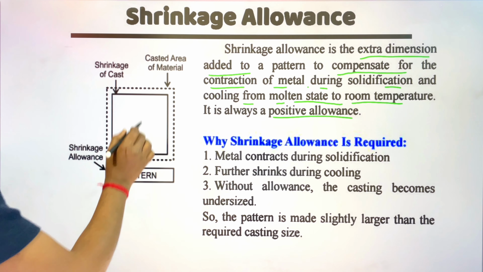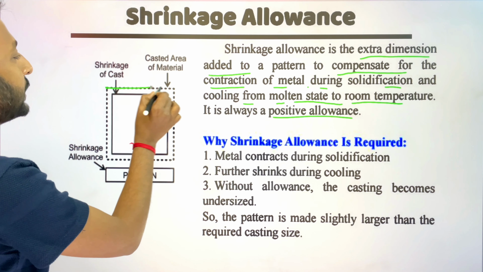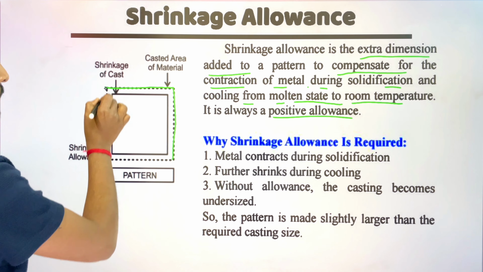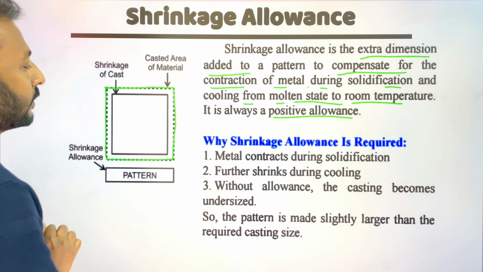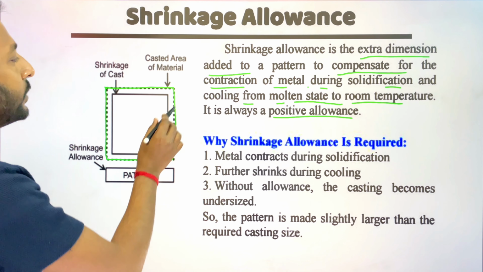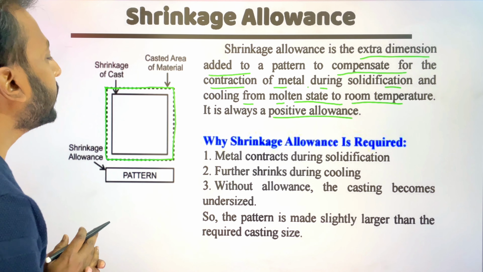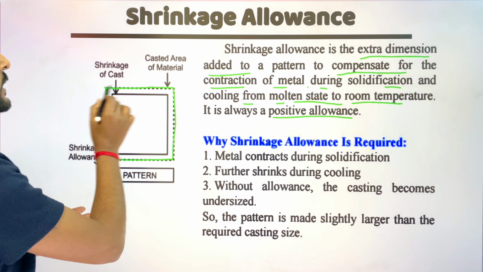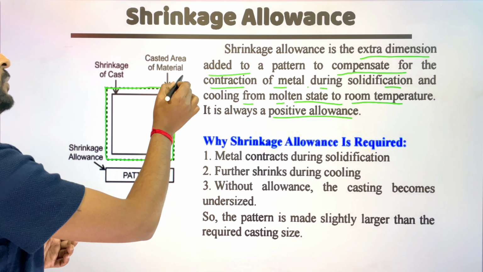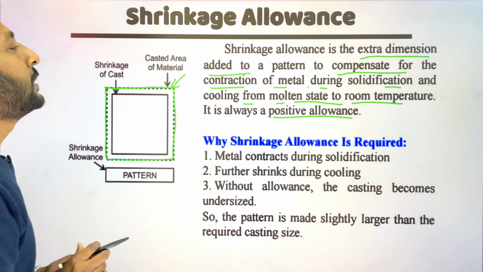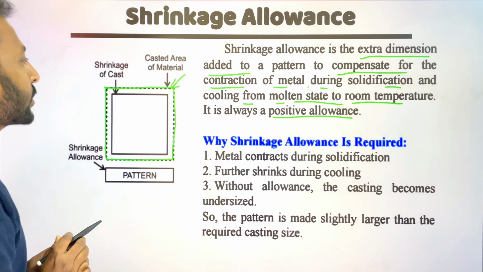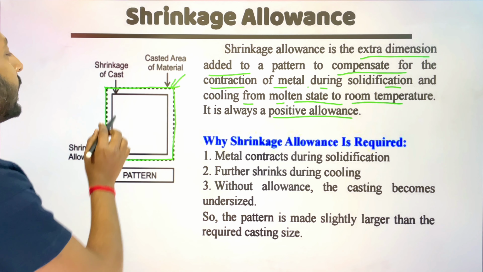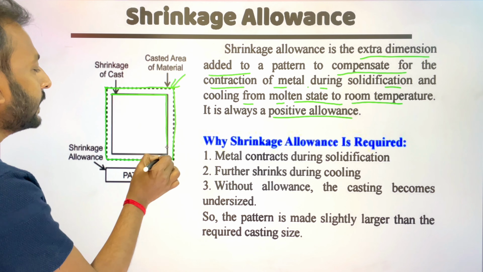Let's suppose we have created this pattern to create a casting. So using this pattern we have created a cavity or mold cavity in the molding sand. So we have filled this mold cavity using molten metal. After solidification the metal will shrink and the product will be like this.